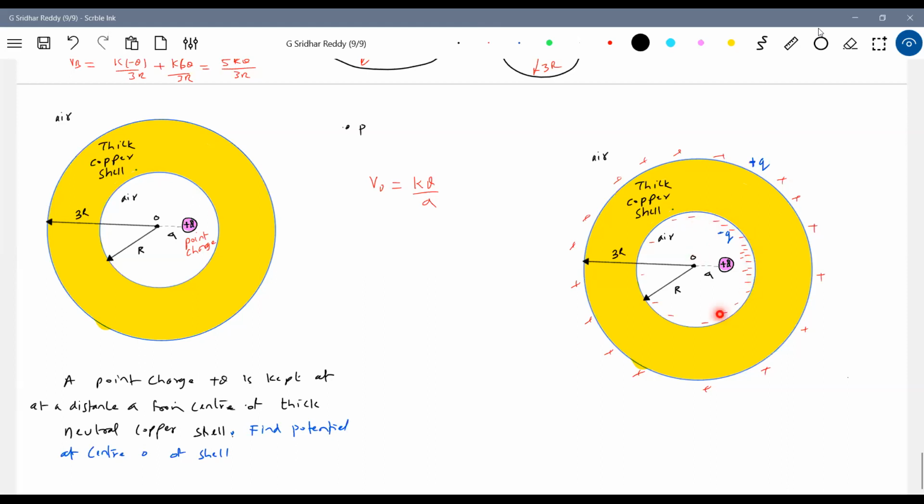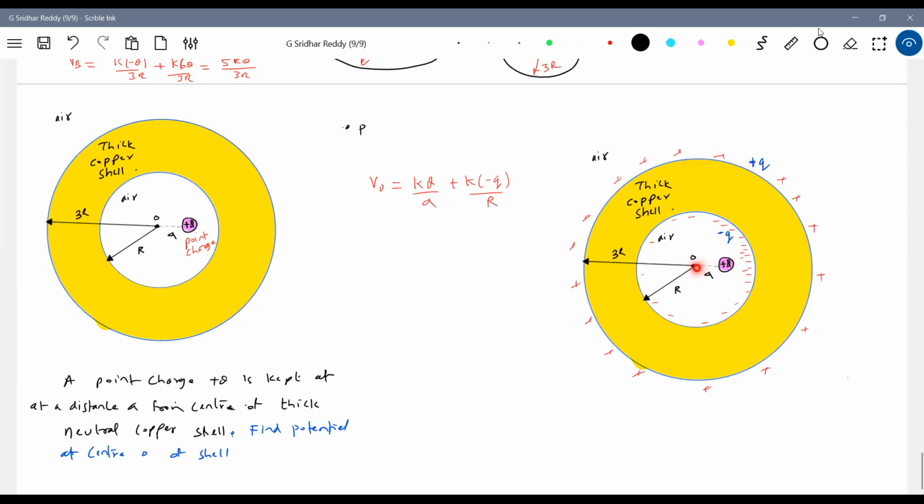The net charge on the inner surface is minus Q, so this becomes K times minus Q by r. Then assume the point charge and this minus Q are not there.